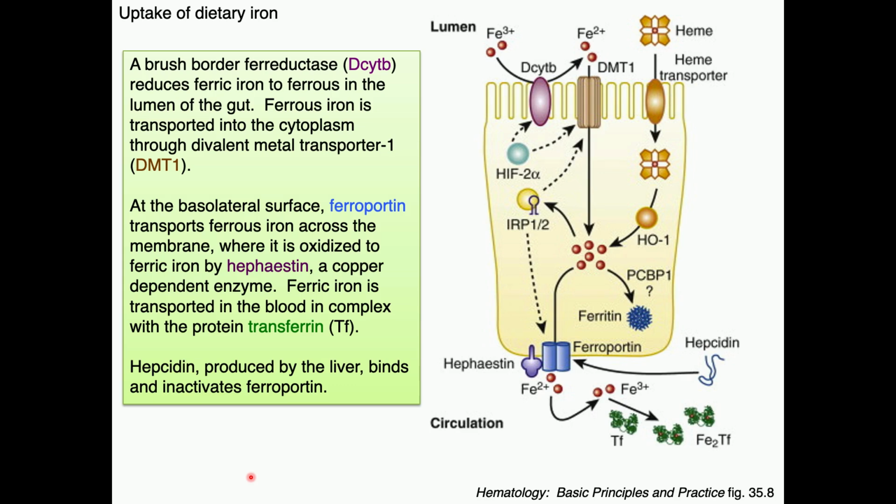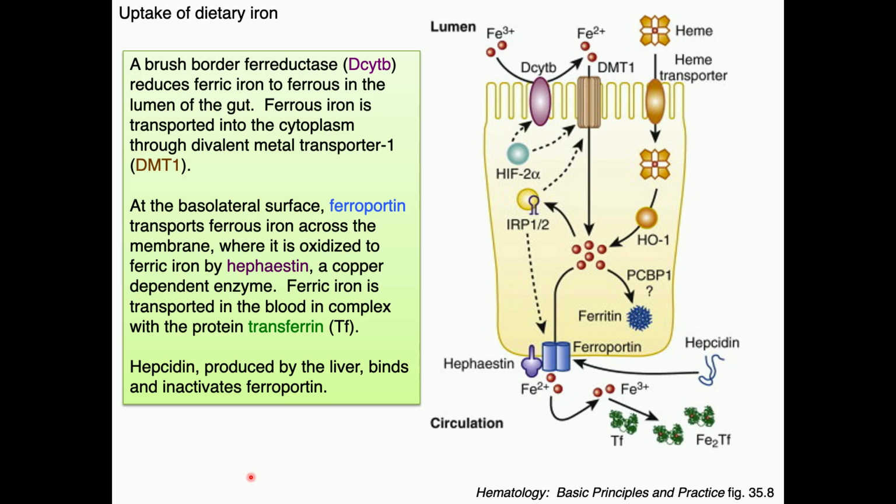But there's also a special transporter just for heme that can take that up into the gut epithelial cell, and then an intracellular heme oxidase will break that open and release the ferrous iron to join the intracellular iron pool of the gut epithelial cell.